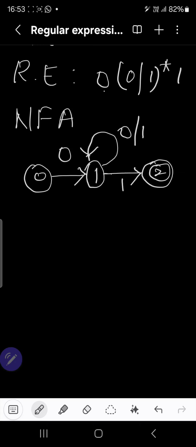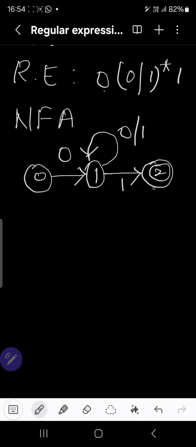state. This is called NFA because it is non-deterministic, meaning that on any input from one state it can go to more than one next state. For example, from state 1 on input 1, we can see it is going to state 2.